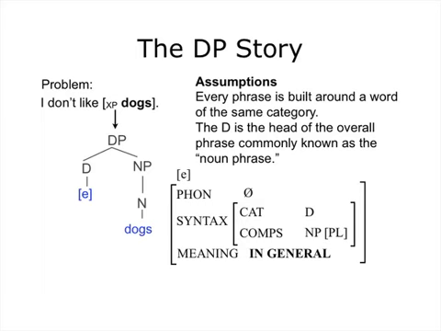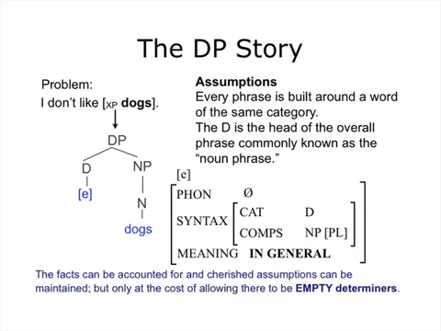You can say, here we go. We've got a complete determiner phrase. Determiner phrases are what we commonly think of as noun phrases. They follow the rules. We can keep our assumption, but we must have then one way of doing it. Say, well, there's a phonologically empty unit that has all of those features, those attributes and values. But the phonological part of it is just empty. And then if we do that, we can keep the assumptions that we want.